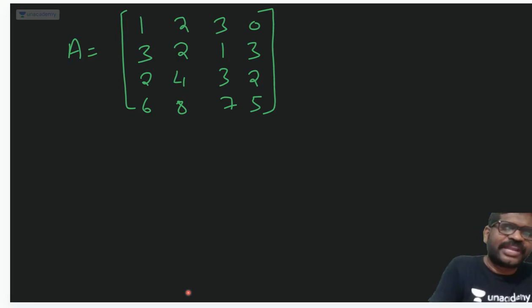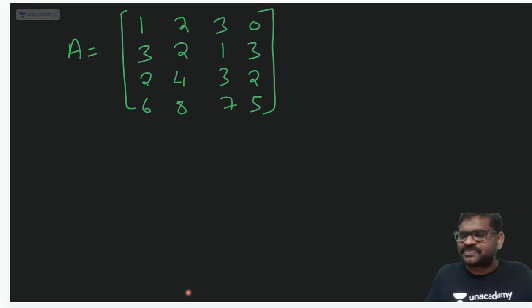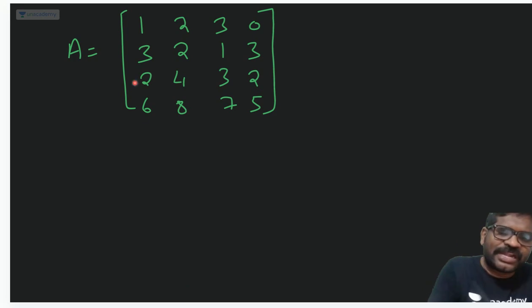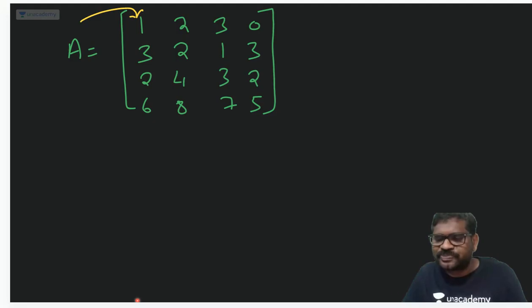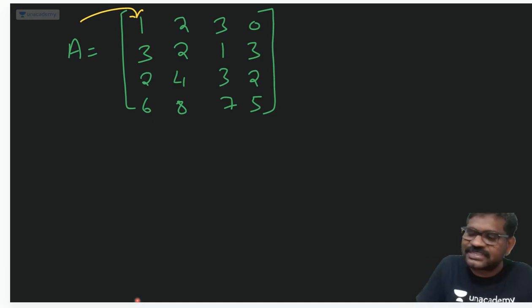I am explaining one technique. First, verify whether the 1st element is 0 or non-zero. Non-zero, right? If it is non-zero, the trick is applicable. Sir, what is the trick?